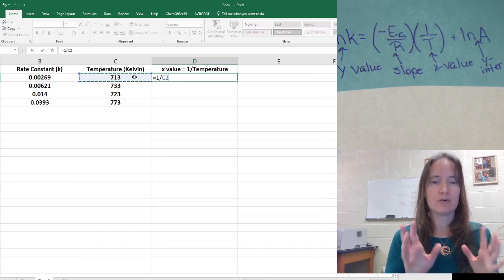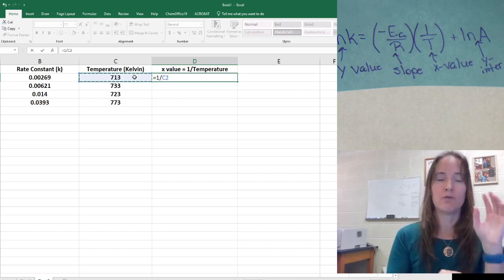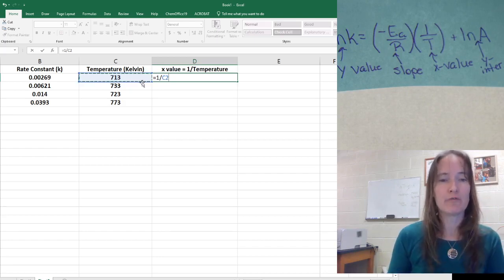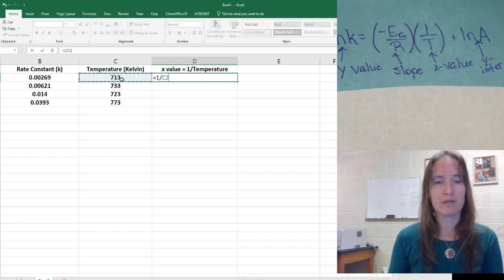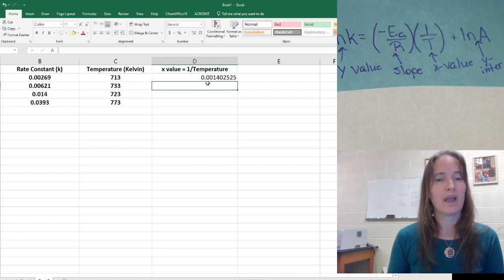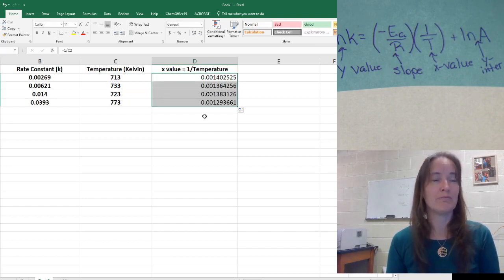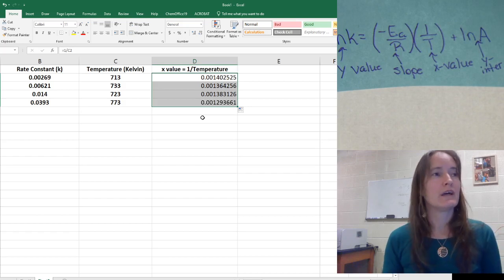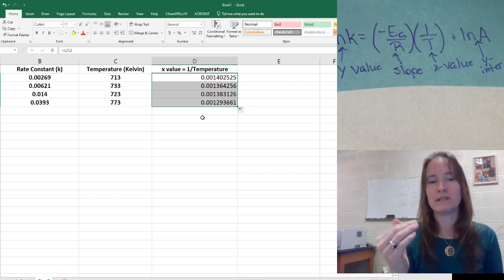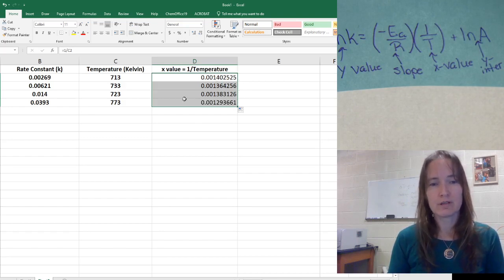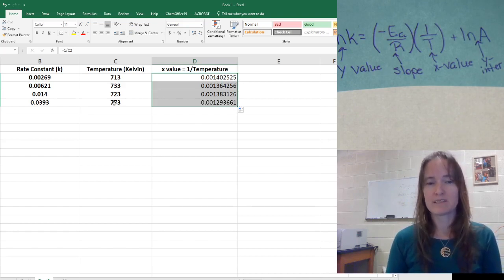You can just tell the cell what you want it to be in there. I went over and touched the temperature value in Kelvin, and I'm going to hit enter. And there is the value of the inverse of the temperature. Because I put in a math equation, you can repeat that equation all the way down for all your data. So I dragged the equation down to where it's even with our last data point. And so this is my X value.